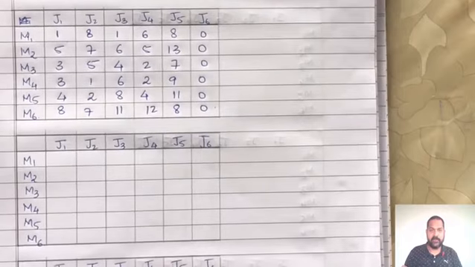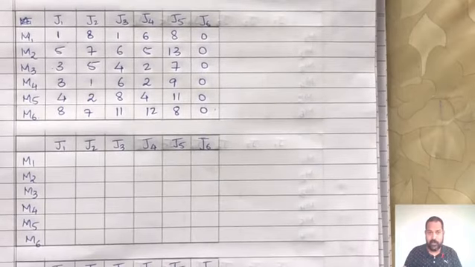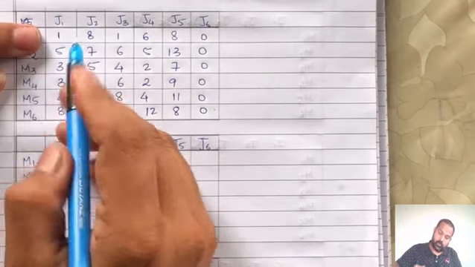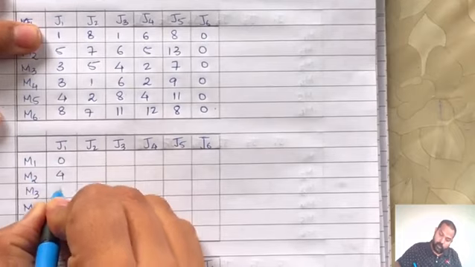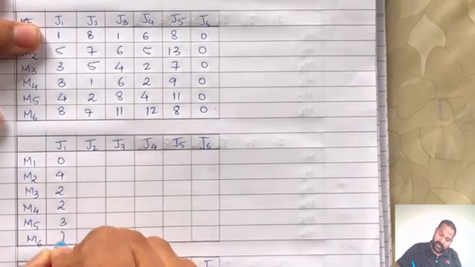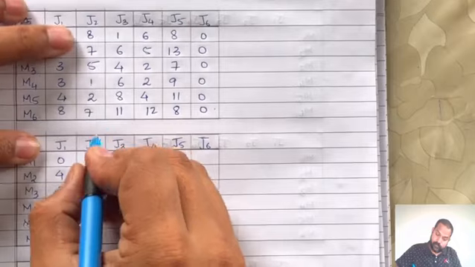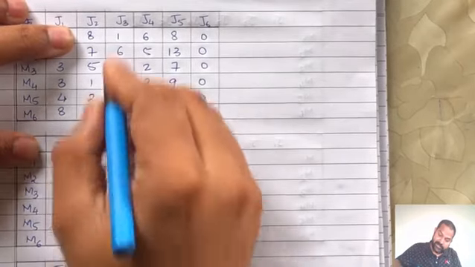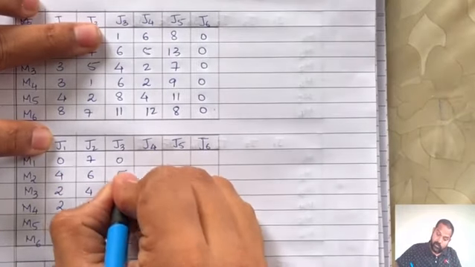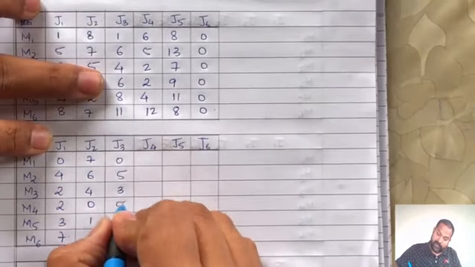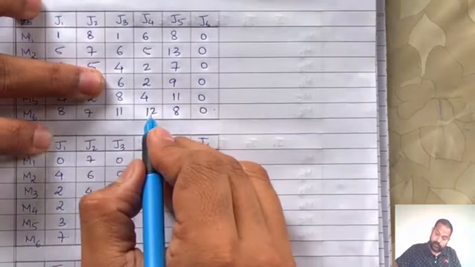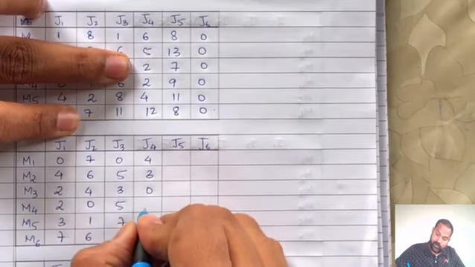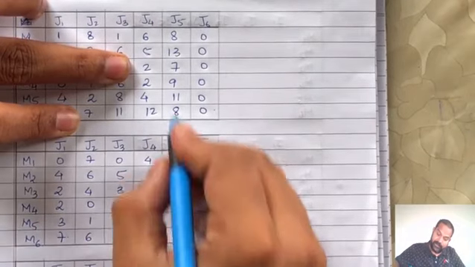For column reduction, if a particular column does not have a 0, we select the least and subtract it throughout. The least is 1, so 7, 6, 4, 0, 1, 6. Then 1, 0, 5, 3, 5, 7, 10. 2 is the least, so 4, 3, 0, 0, 2, 10.